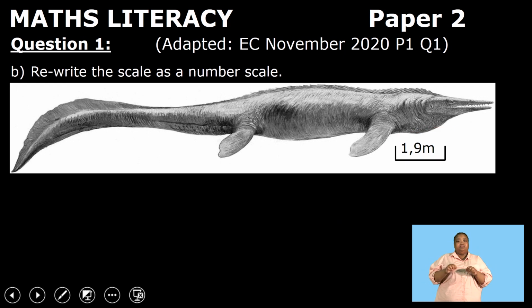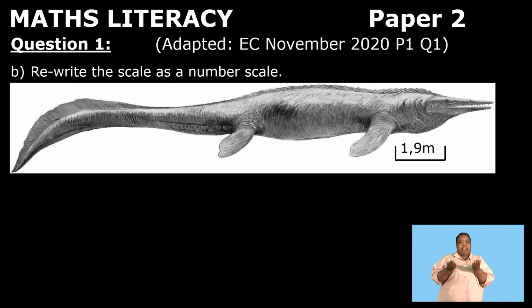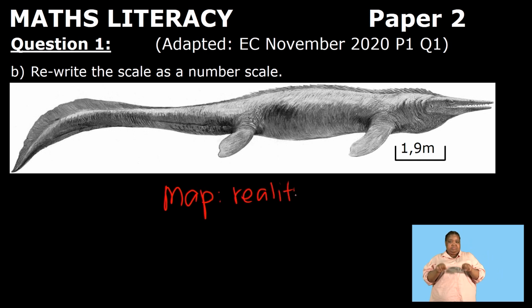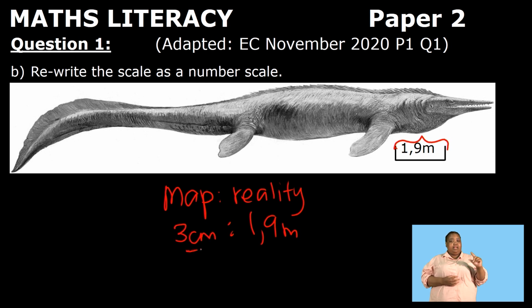Rewrite the scale as a number scale. Remember, a number scale is always map to reality. We know the reality is 1,9 meters. And now you measure that part. Let's take an example of 3 centimeters. But now your left-hand side and your right-hand side has got different units.